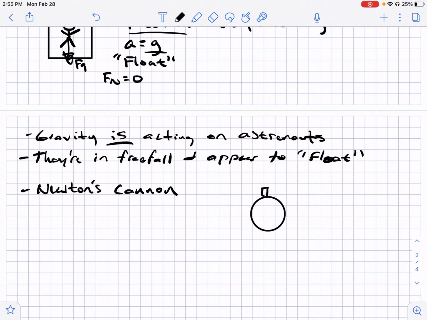There are even some PhET simulations, which we'll probably play around with in class, where you can see what happens to the object that you're trying to put in orbit at different velocities. If it's not at the right velocity, it crashes into the Earth. But once you find the right velocity, it will stay in orbit around the Earth. So you have to find the right velocity to get that object in orbit and stop it from crashing into the planet.